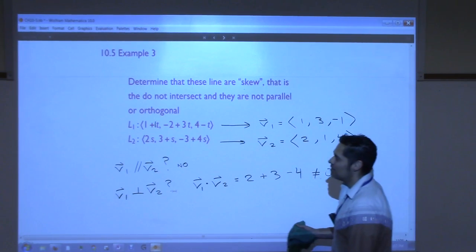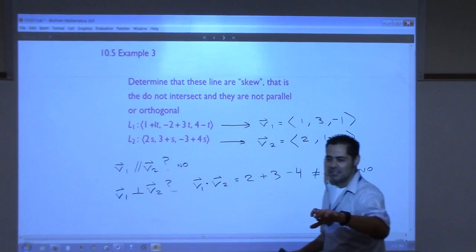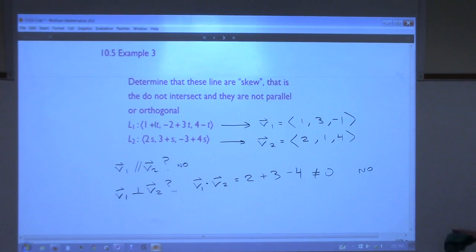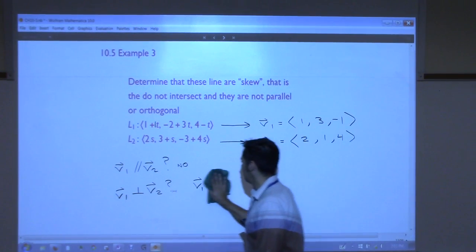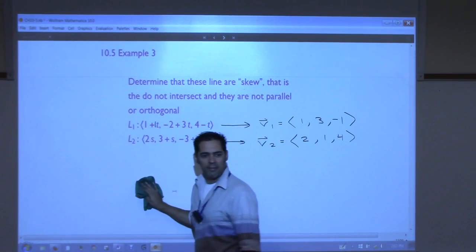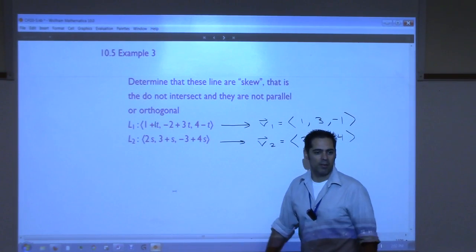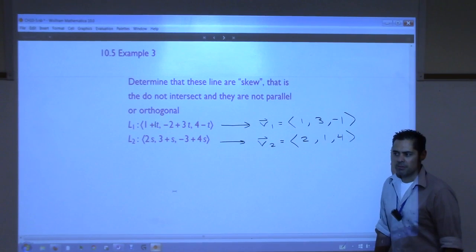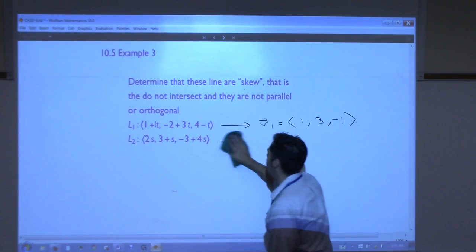All right. So anyone at the table, what would have to happen if two lines intersected? They would have to have at least one point in common, right? One point in common.